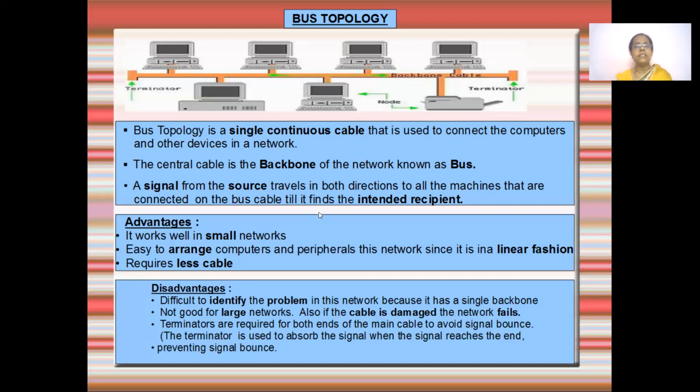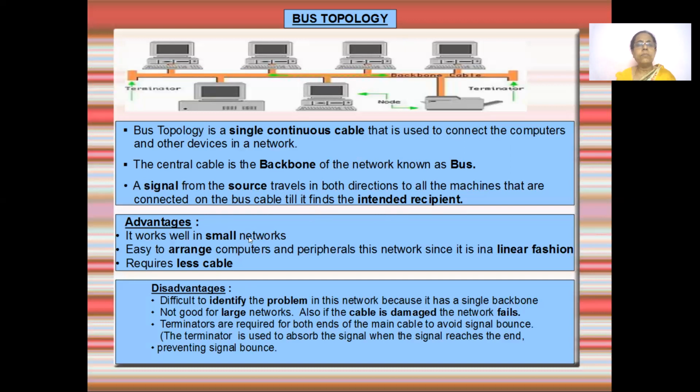The advantages: it's a very small network, and data travels in both directions to any of the machines. In the bus topology, the cable finds the intended recipient where the information has to be transmitted.